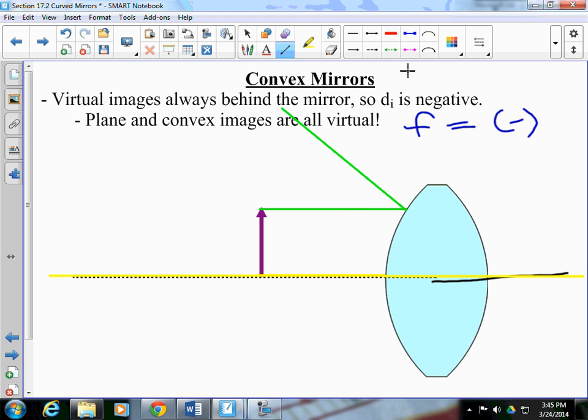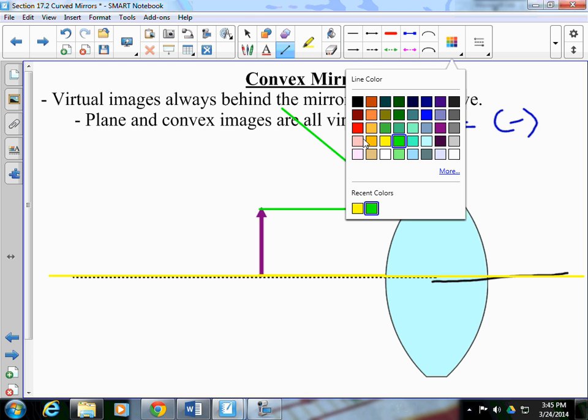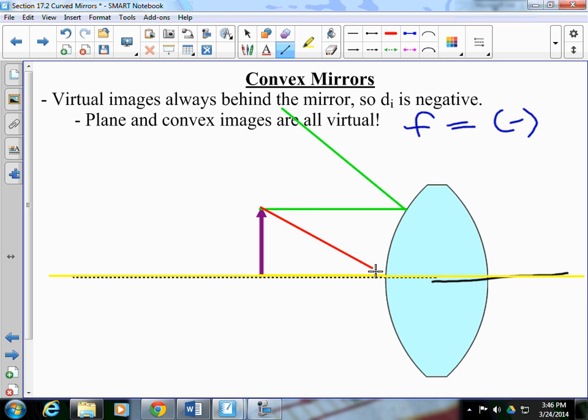Next up, I'm going to do another line in red, off the top of the arrow to the center of the mirror. Remember the center of the mirror is flat, so that is a flat mirror that will follow the law of the angle of reflection equals the angle of incidence, so it will come off like this.